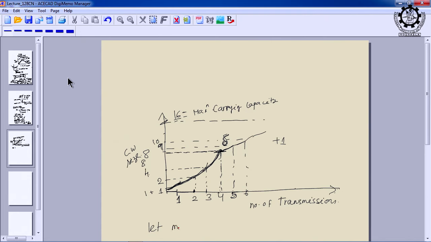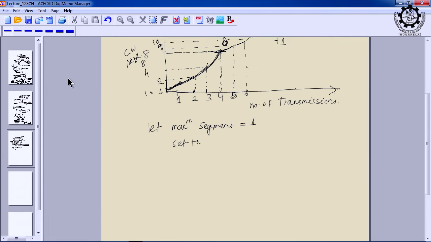So, if I write the algorithm for this, let the maximum segment be equal to the initial segment, let it be 1. Then I set the congestion window equal to 1, right. Then after one transmission, I got an acknowledgement. So, for one transmission and one acknowledgement, the congestion window is now 2.